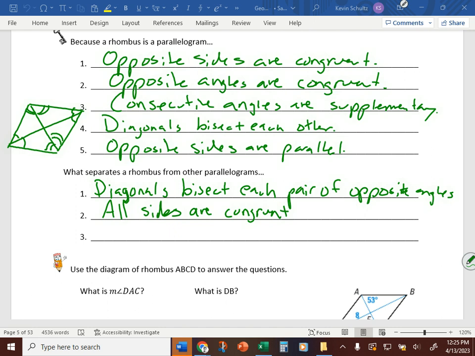Where those diagonals intersect, the diagonals intersect at a 90-degree angle, which means that these four triangles inside the rhombus that we formed with the diagonals are right triangles. So you can bet on things like the Pythagorean theorem, 45-45-90, 30-60-90, sine, cosine. That's why the entire last unit was all about right triangles, because they come up again in quadrilaterals because of the properties that these quadrilaterals have.